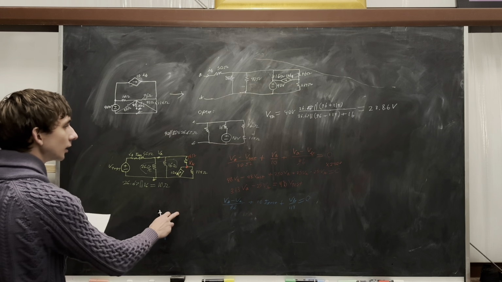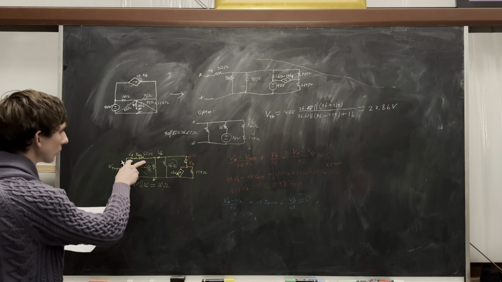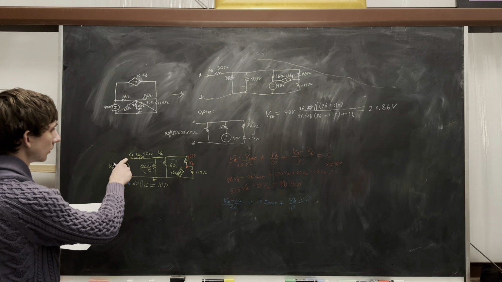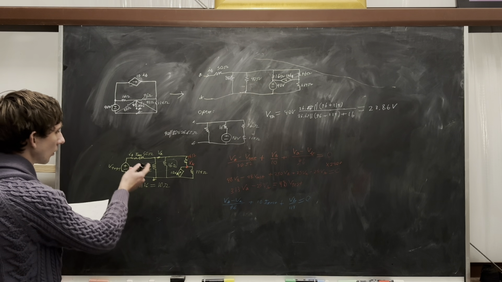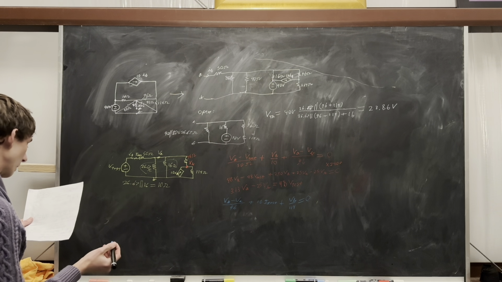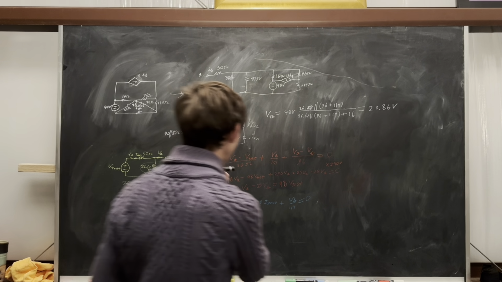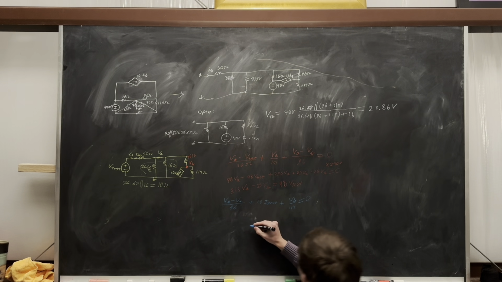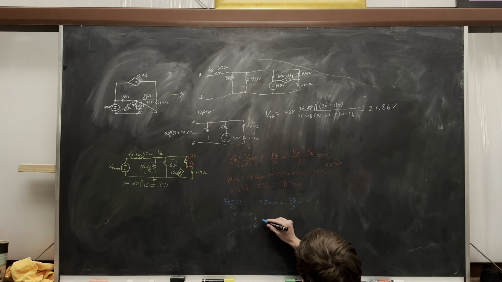You can see current through this resistor is just VA minus V test all over 50 ohms. If we want the right direction, we do V test minus VA. So substitute that in here. 10 V test minus VA over 50.